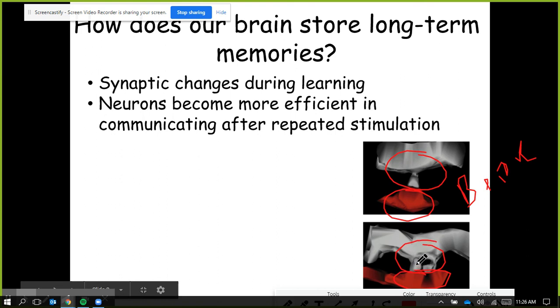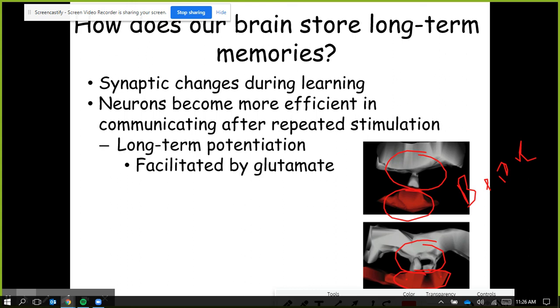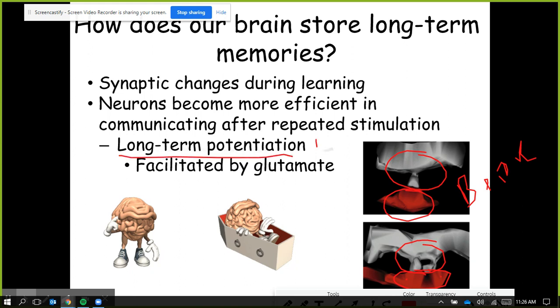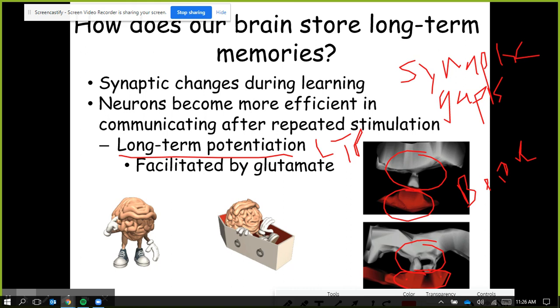This dendrite has grown more dendritic spines, and this axon terminal has formed more synaptic connections with that dendrite, right? This is where they believe memories are stored. Memories are stored through a process called long-term potentiation, or LTP, in the synaptic gaps between neurons.